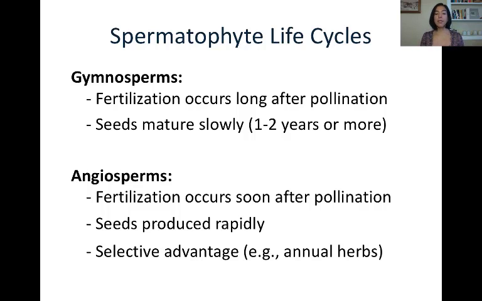In some of them, we have annual herbs that germinate from the seeds, form the flowers really fast, and the fruits can be ready in a few weeks. And they just close the cycle very, very quickly. That's a selective advantage that the angiosperms have developed.